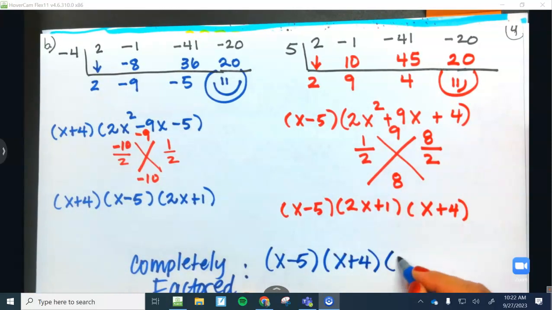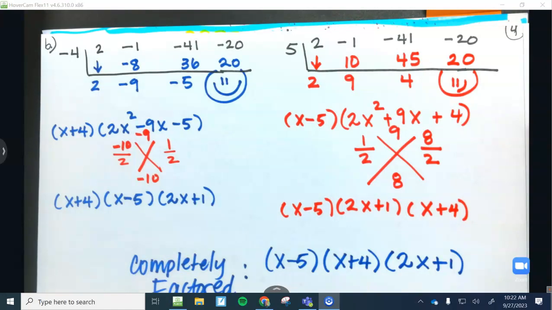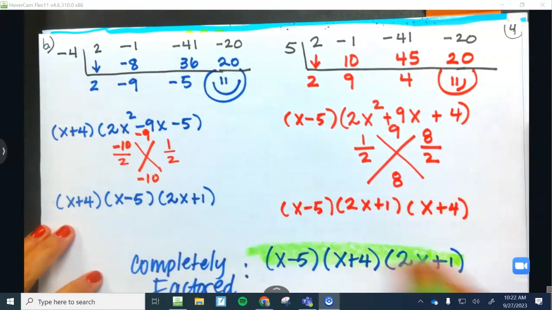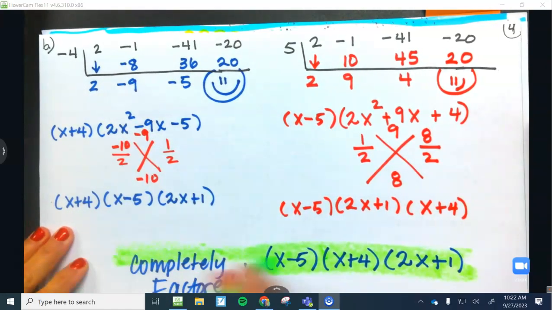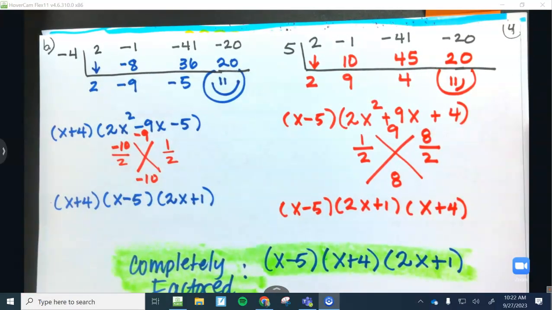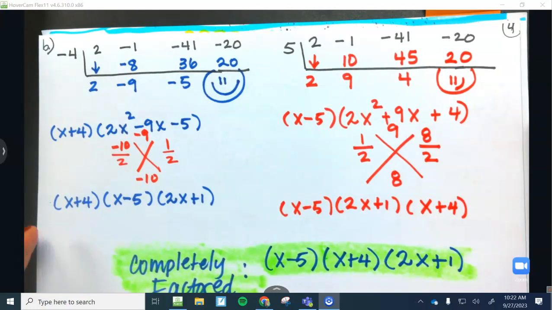And don't forget the other one we found, the 2x plus 1, which we only got by factoring the final answer. So yesterday's stuff is really just like today's stuff. You just have to check to make sure your quotient can be factored.